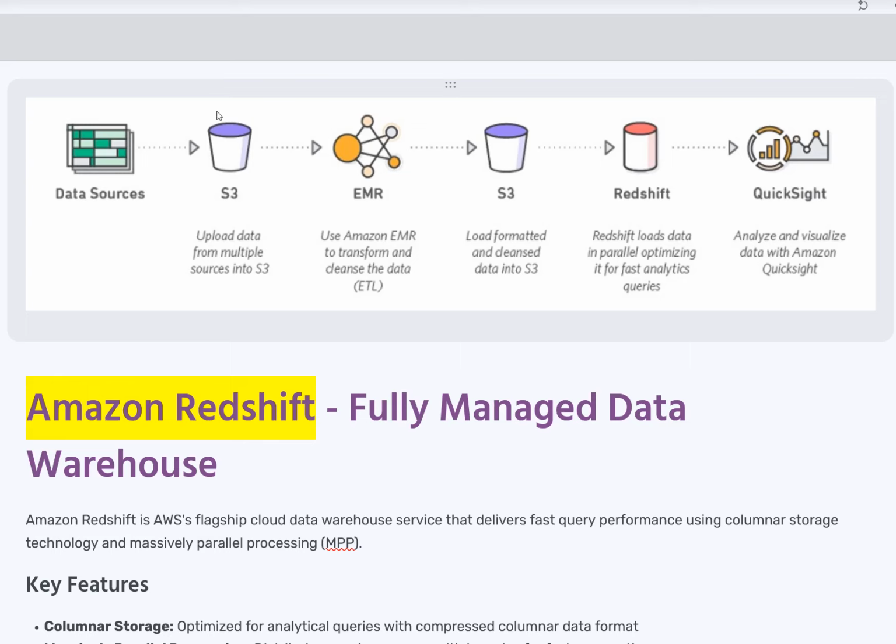So this is basically the raw data. And then using EMR, you cleanse the data and get it ready, formatted, into S3. And then Redshift loads data from S3 in parallel, optimizing for fast analysis. So loading fast for analysis in Redshift, and then from Redshift you can get quick reports, right? Visualize your data, get it into a readable, usable format in here, right?